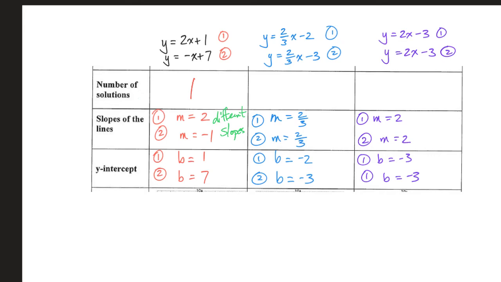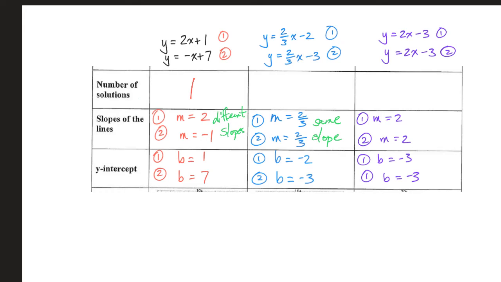Okay, let's take a look in column B. Maybe we see something different pop up. Let's look in our table. Do we notice that once we rearrange those lines, they actually had the same slope? And we know something about lines that have the same slope.